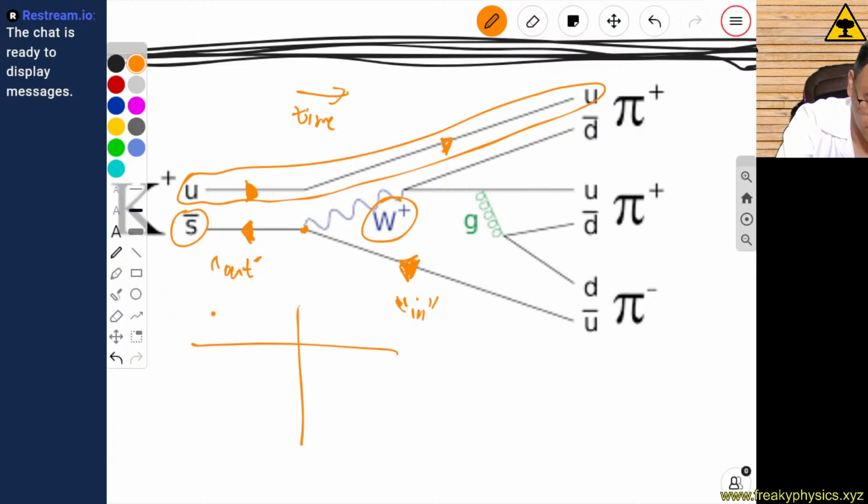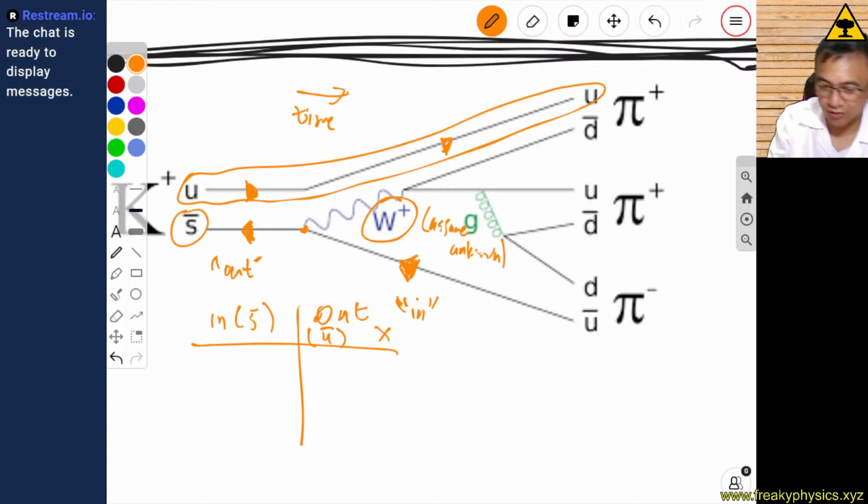So this is the in, which is the anti-strange, and this is the out, which is the anti-up, and then we'll call this for now X, assume unknown. If we assume that the W plus is unknown, we will call it X. So we do the same thing. We do charge, we have baryon number, we have LE.